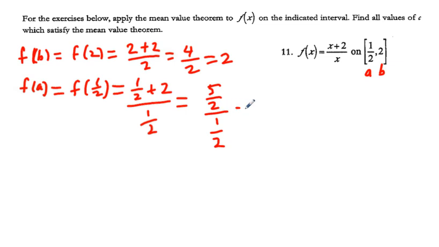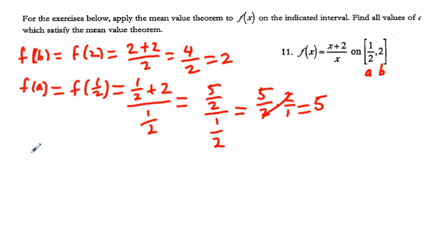Dividing by a fraction is the same as multiplying by its reciprocal. So this is 5/2 times 2 over 1, which equals 5. So that's f of a.